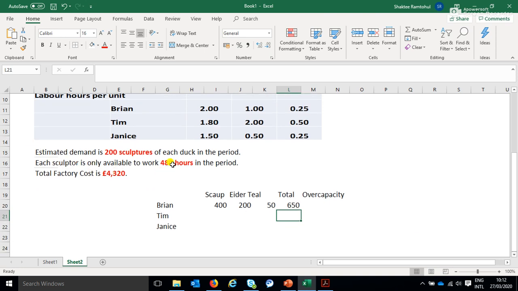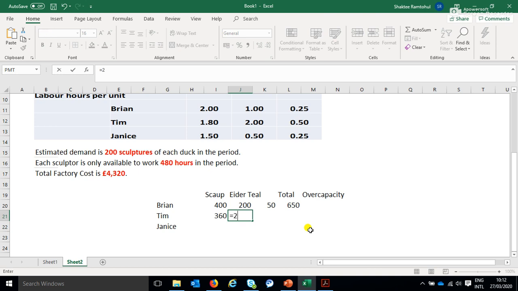Now, straight away you see that there seems to be an issue, because we're told each sculptor is only available to work 480 hours. We'll look at that later. Let's complete this little table here. Remember, demand is 200, so 200 multiplied by 1.80 is 360.